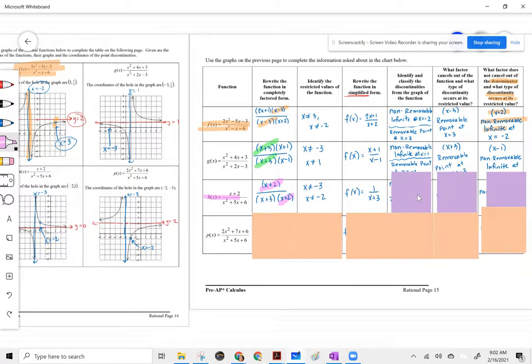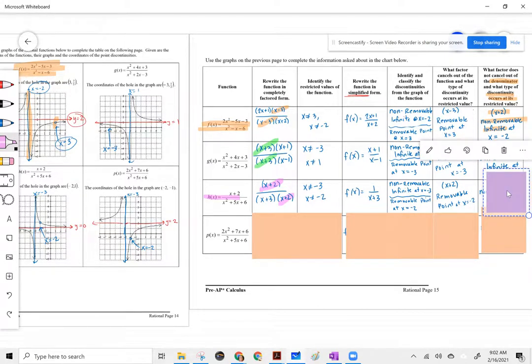Now we identify the discontinuities. The factor that cancels out is x plus 2, which means it's a removable point. What doesn't cancel out is x plus 3, which means it's non-removable infinite.